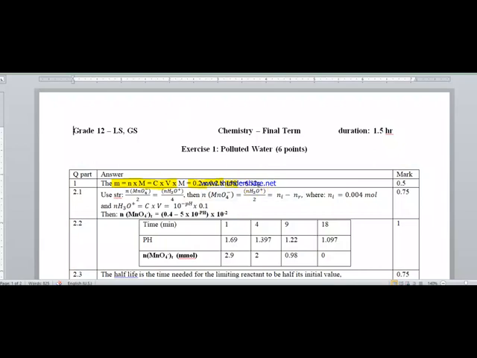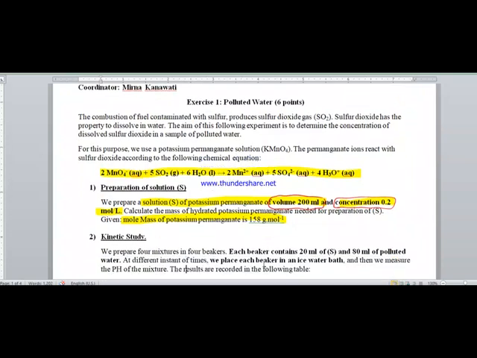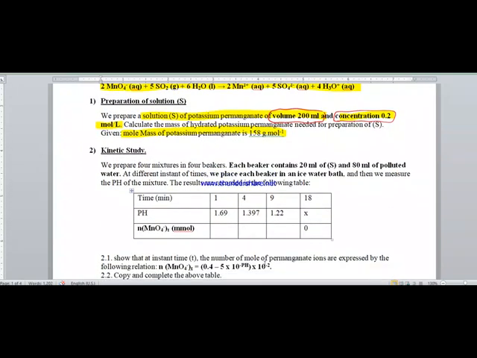So the mass of the dissolved quantity of potassium permanganate is 6.32 gram.